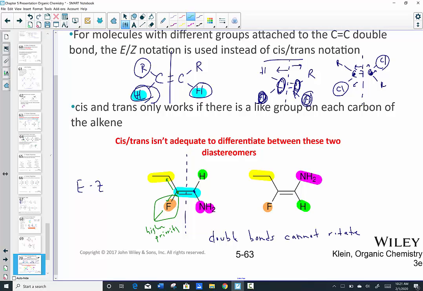So I'm comparing this carbon's 2 attachments and assigning a priority. Let's do the same over here. Here's the other carbon in the double bond. Let's look at its 2 attachments and decide who has higher priority based on atomic number. And clearly you see a nitrogen is of higher priority, of higher atomic number than a hydrogen, who's always low priority.